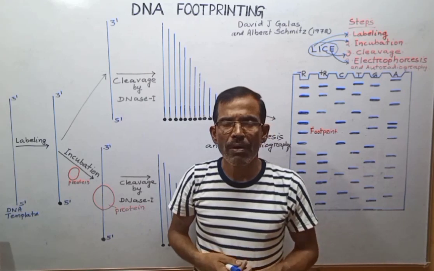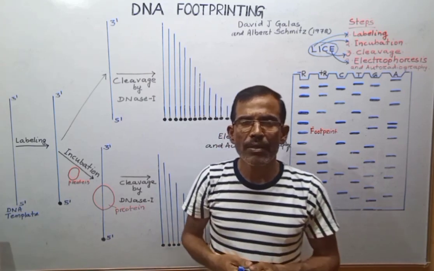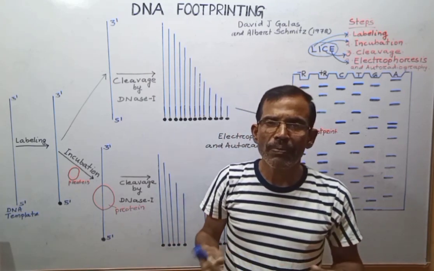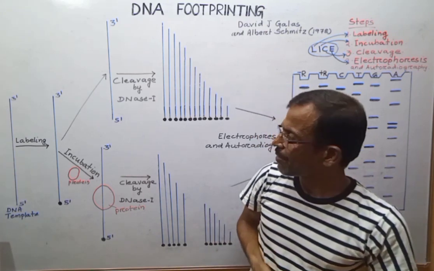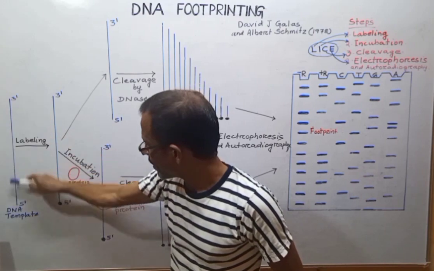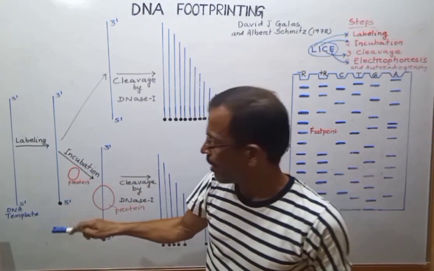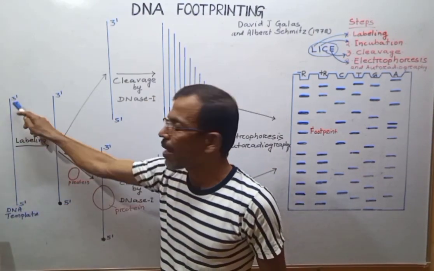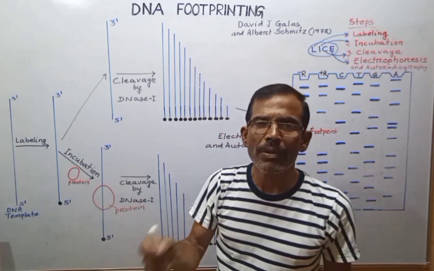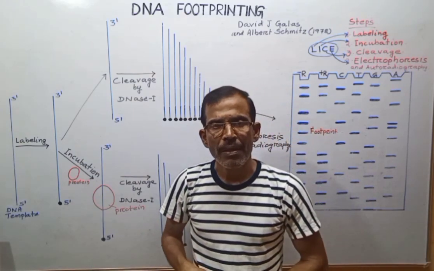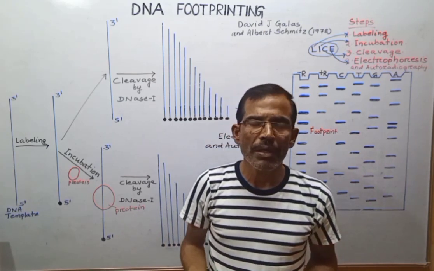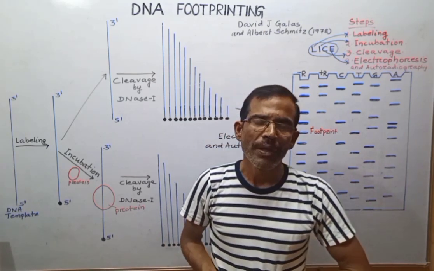First of all, the DNA template to be studied is amplified by polymerase chain reaction. After amplification, the DNA template is labeled at either 5' or 3' end depending on the location of the protein binding site. The labeling can be radioactive or fluorescent.